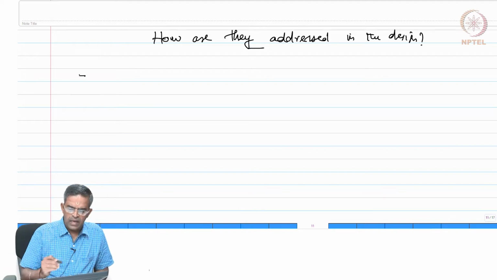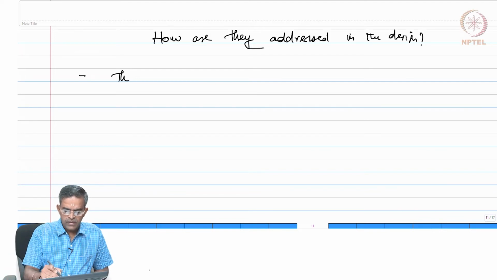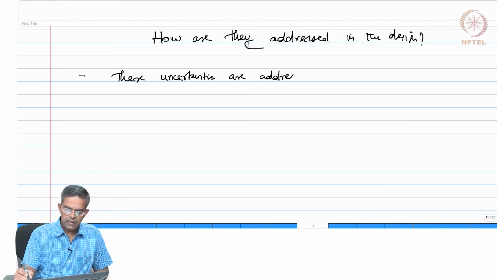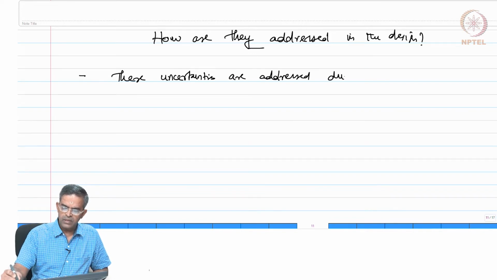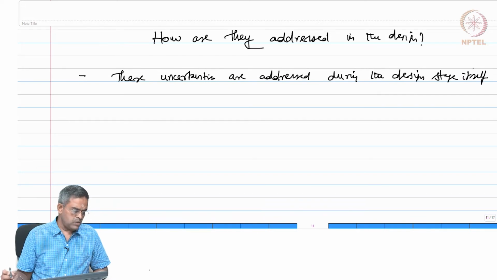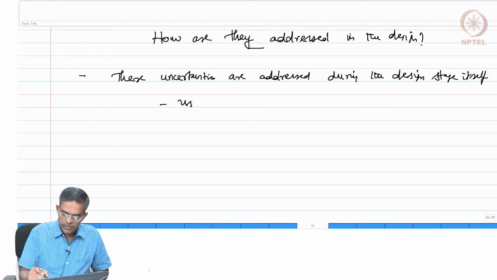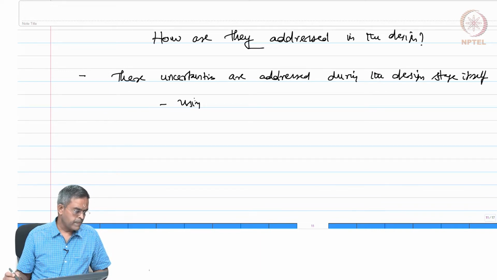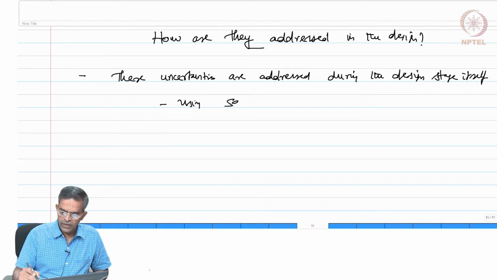These uncertainties are addressed during the design stage itself. How do we do this? They are addressed using safety factors.